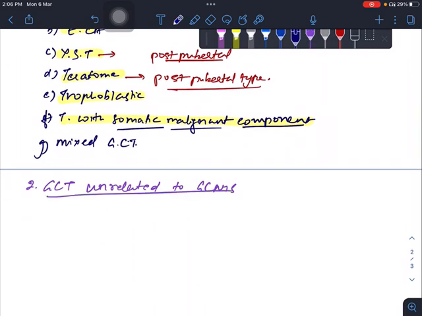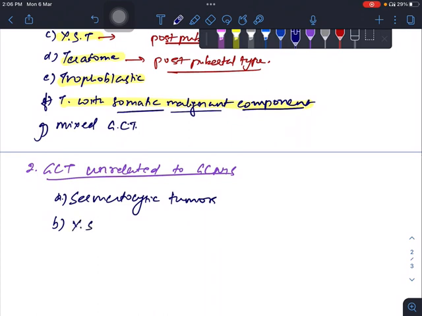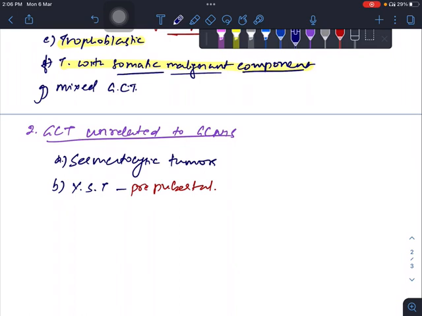These tumors are spermatocytic tumors, and then yolk sac tumor, the same yolk sac tumor, but this is pre-pubertal. Then comes the mixed germ cell tumors, not the teratoma, mixed germ cell tumors. This is also pre-pubertal.